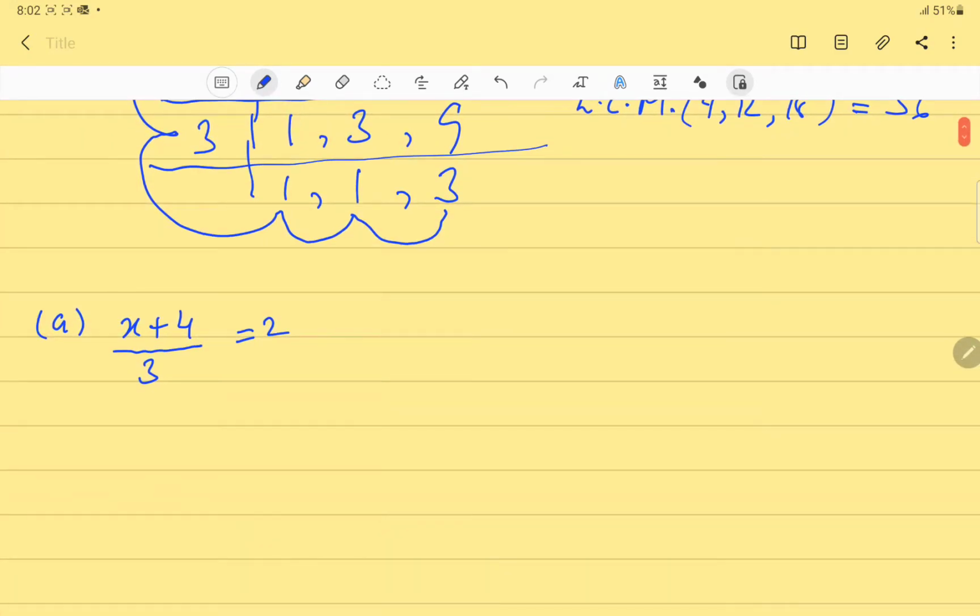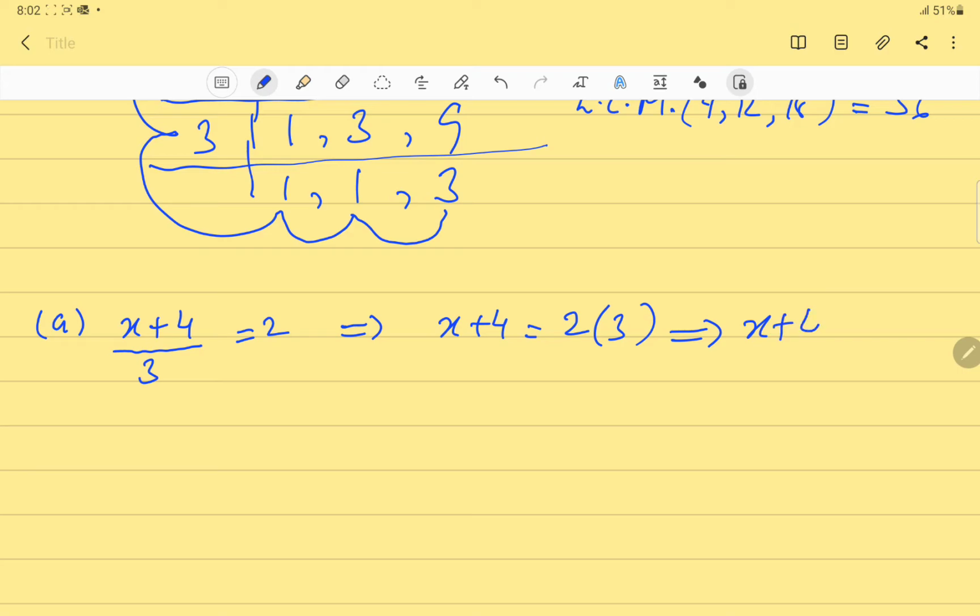Now in our first question, on the left side we have a fraction and on the other side we have just one number. It is not a fraction. Either we can consider it also as a fraction like 2 over 1, because if we write 1 in the denominator it doesn't make any change in the value of the number, but there is no need for that. We will just multiply from one side. So this 3 goes to 2, 2 multiplied by 3.